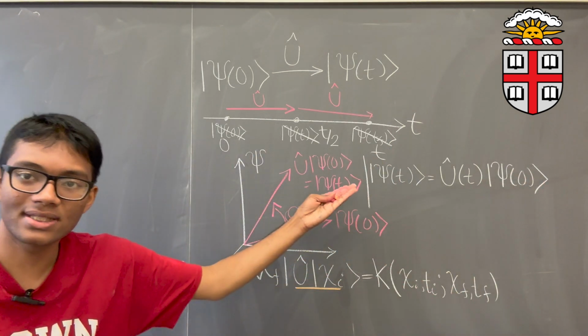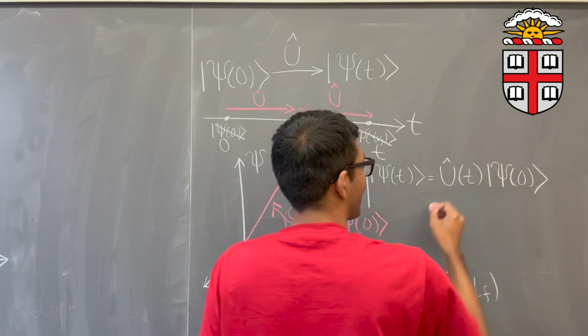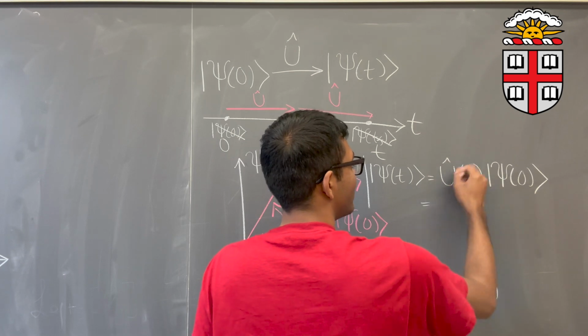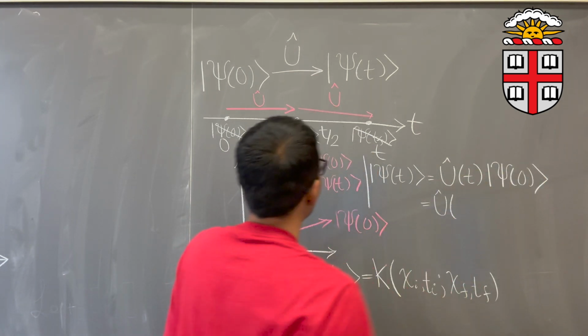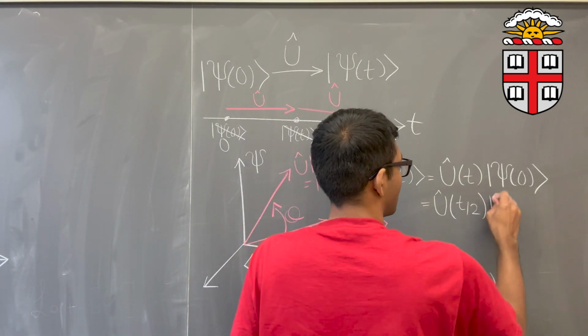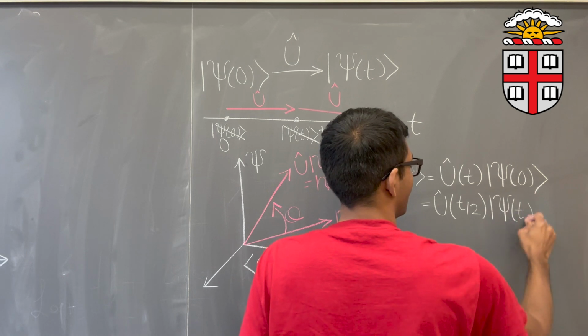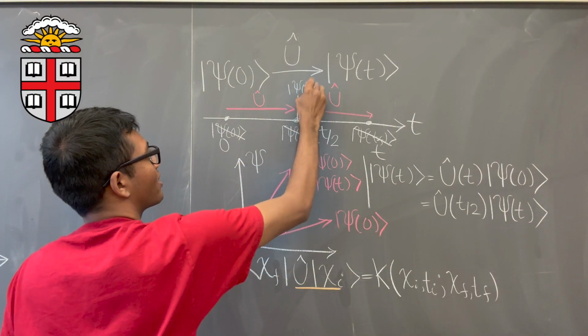Okay, well, we've written this like 5 times, so what's the difference? Well, the difference is now instead of applying u of t to psi of 0, I can just apply u of t over 2 to psi of t/2. Okay, let's say psi of t/2 was this wave function right here.